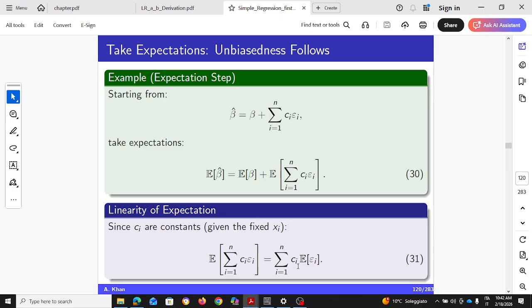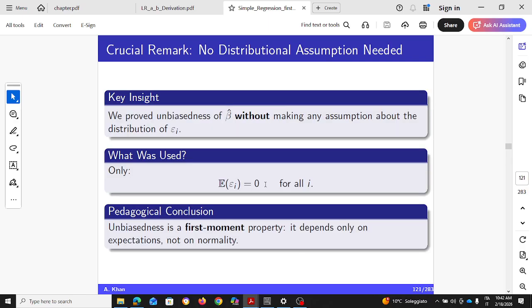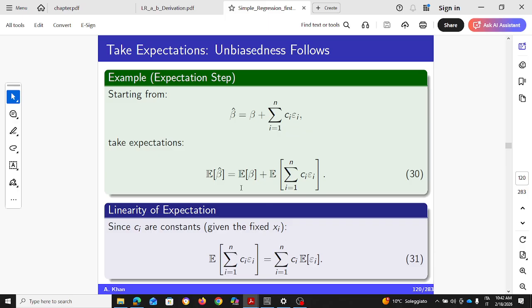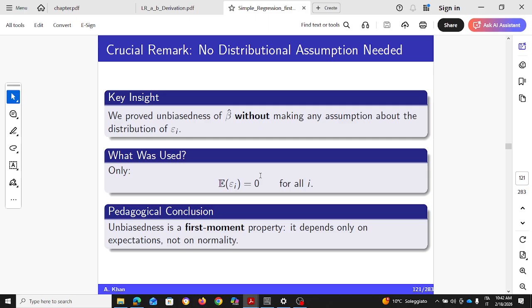In this term these values are constant, so ci we can take out of the expectation, and we remain with the expectation of the disturbance term. We know from yesterday that the expectation of the disturbance term is equal to 0. So if this is equal to 0, we prove that the expectation of this is equal to the expectation of this, which is the true value.